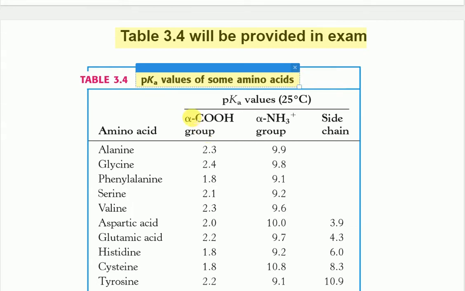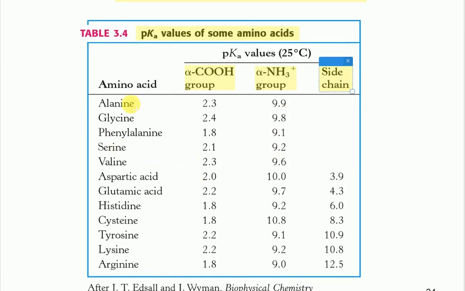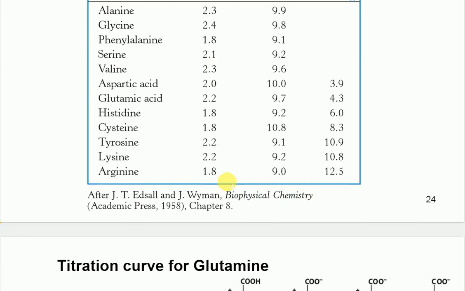Here is our alpha carboxyl group. Here is our alpha amino group. And here is the pKa for any side chains. You can see the charges right there for the pKas.